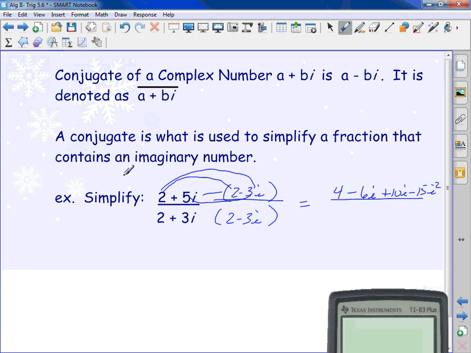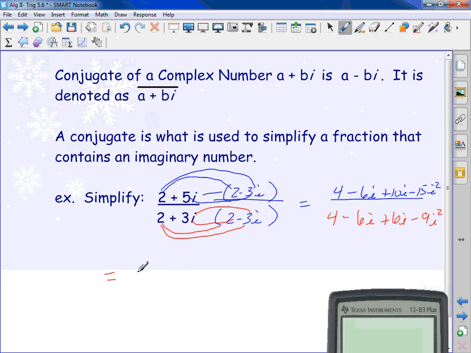On the bottom, 2 times 2 is 4. 2 times negative 3i, negative 6i. 3i times 2, 6i. And 3i times negative 3i, negative 9i squared. Now we're going to simplify.